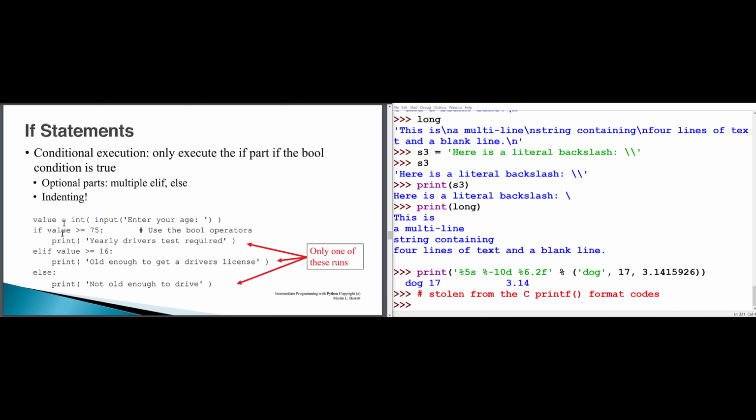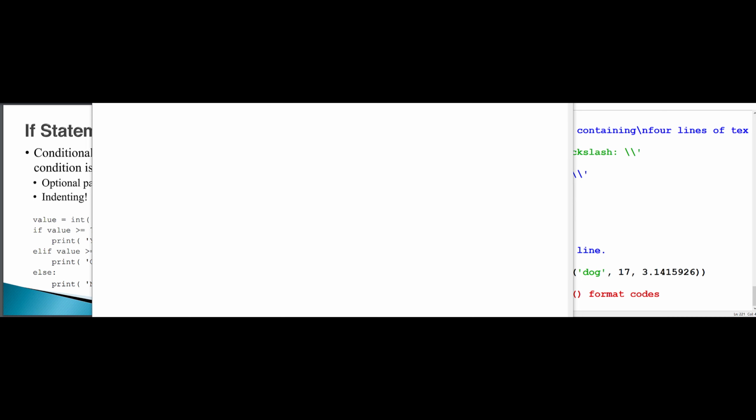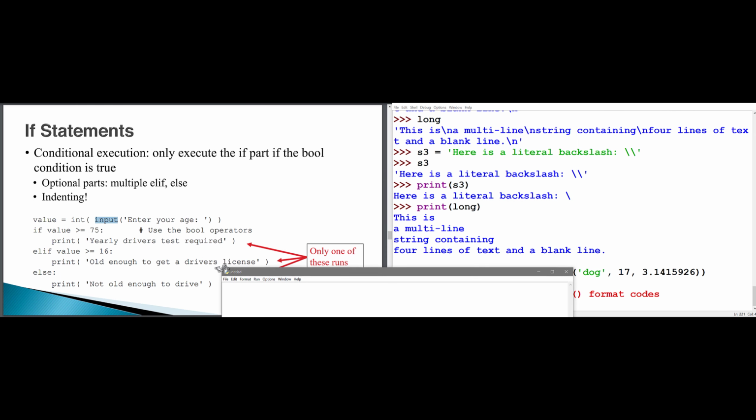We can make decisions using if. We can read input using the function named input. Here, I think I had better get myself a file that I can edit. So let me open a file and put this stuff in the file. Okay, I need to shrink this file down so that it will fit.